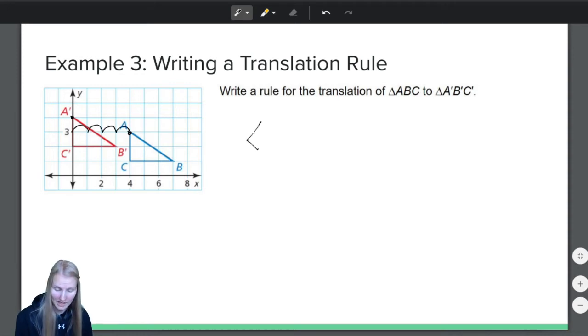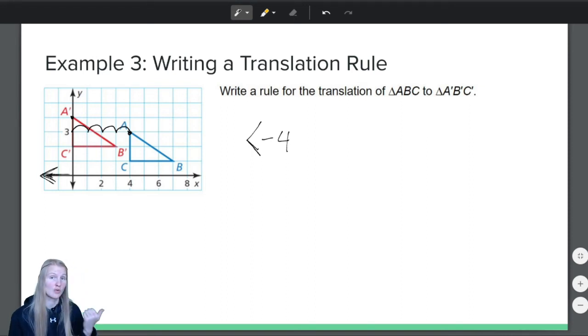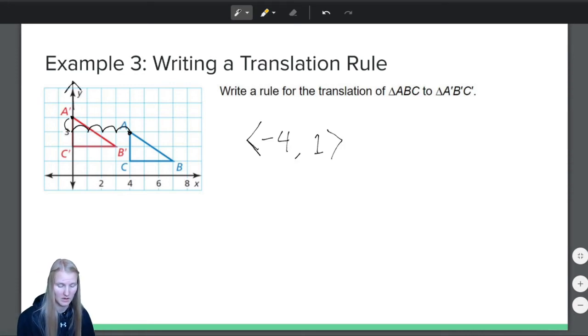So if I'm going left 4, I'm going -4, because left in the x direction is negative. And I'm going up 1. Up 1 is +1, because going up on the y-axis is the positive direction.